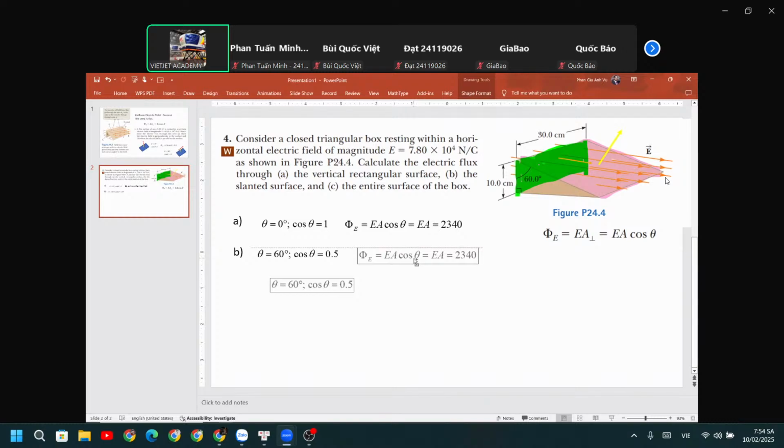Then substitute the EA cosine here. What do you get? You have to calculate the area.